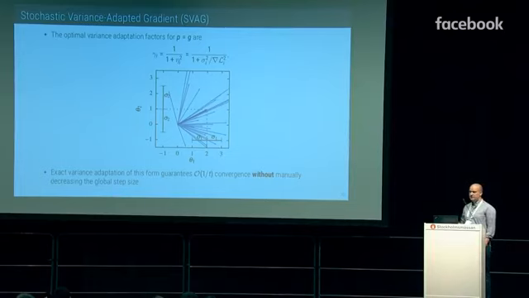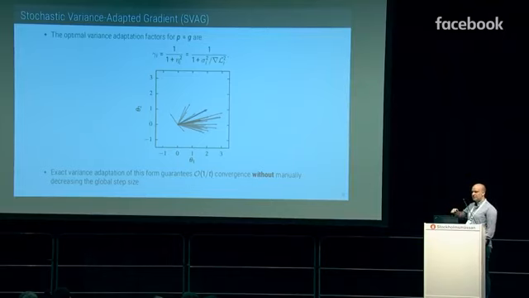Now, if we apply this variance adaptation scheme, we scale theta 2 back more drastically compared to theta 1. So we get these light red arrows. Now, their mean in dark red is biased away from the true gradient, but on average, the light red stochastic variance adapted gradients are closer to the true gradient in L2 distance. And that was exactly the motivation we started out with.